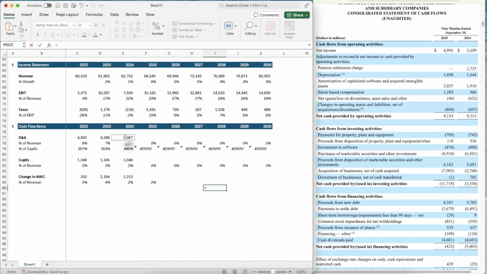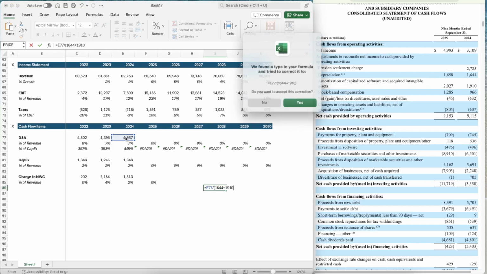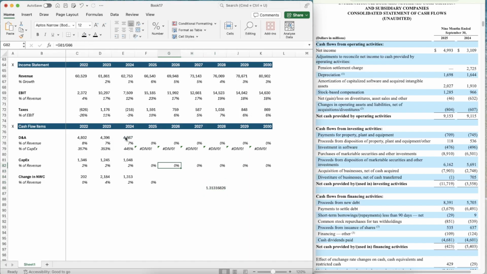So if we do divided by 1644 plus 1910, yeah, 1.31, 1698 plus 2027 multiplied by 1.31316826. Okay.